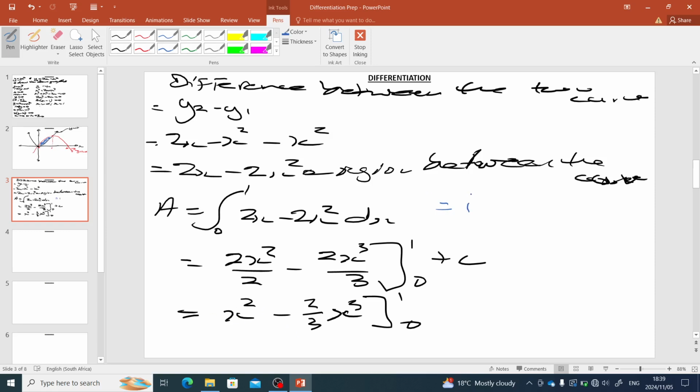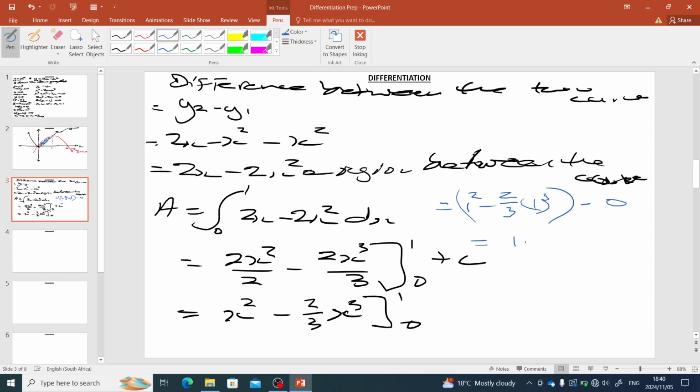Then we have 1 squared minus 2 divided by 3 multiplied by 1 cubed. All right, open close bracket minus, then where there's x we put 0, then it will give us 0. All right, then we can calculate.